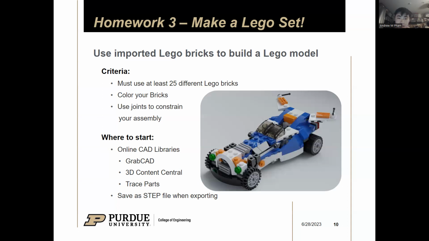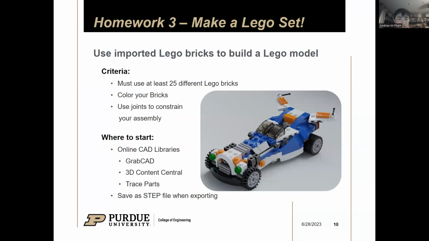So I provided a couple Lego parts for you, but I'm sure some of you might want to use some of the different Lego parts out there. And I really encourage you to look online. There's a bunch of free CAD repositories, and a lot of them have Lego bricks modeled for you already.